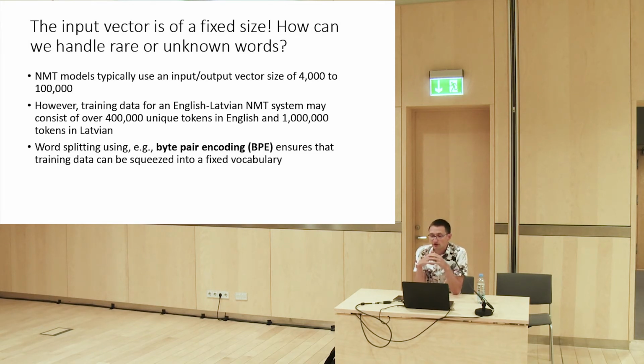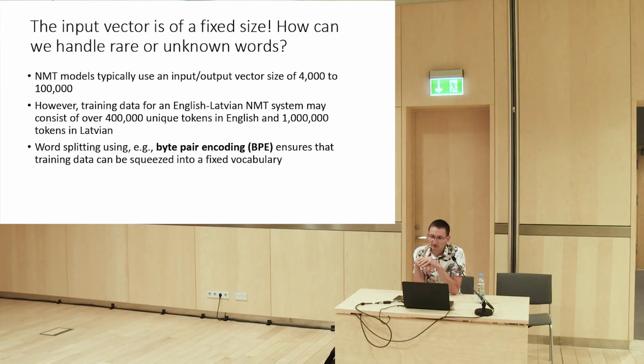Obviously, if we would just take the first 100,000, or for the current systems that we train, we usually use 25,000 dimensional input signals, that would mean that we would not be able to translate most of the words that are there in the data set, and that's not acceptable, right?